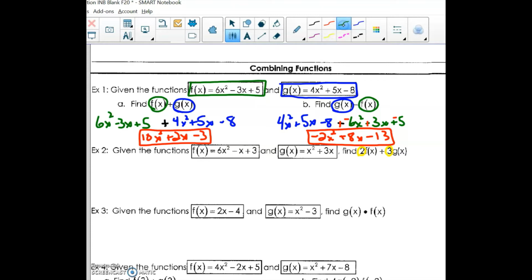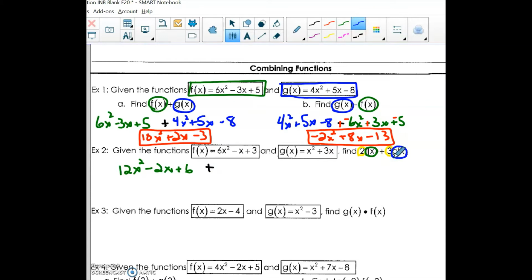So the f function, which will be green, will be 12x squared minus 2x plus 6. We will add 3 times the g function.